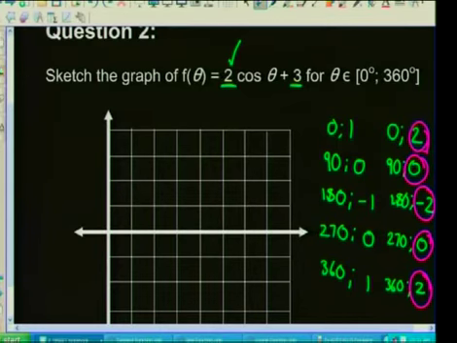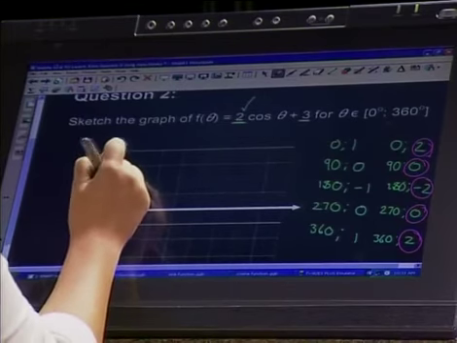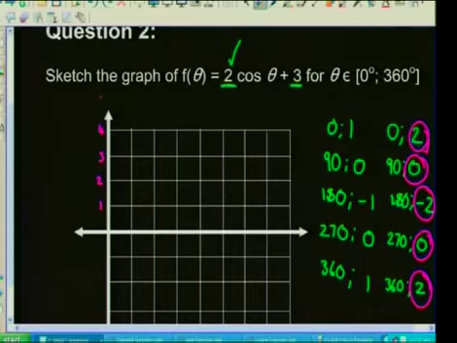So let's begin. 2 plus 3 is going to give us 5. So we're going to make this 1, 2, 3, 4, and our 5 would lie here. So 0 and 5 means my function would be commencing there. 90 and 3, and we're going to make this 90, 180, 270, and 360, so going up in intervals of 45. 90 and 3 would place me here. 180 and negative 2, adding 3 is going to leave me at 1.